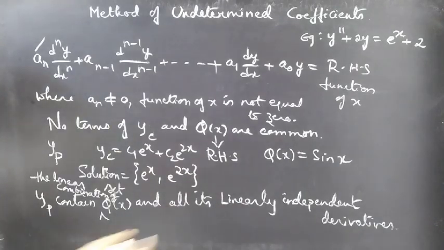Here we have q of x equal to sin x, so yp should be q of x and all its linearly independent derivatives. So let's see.